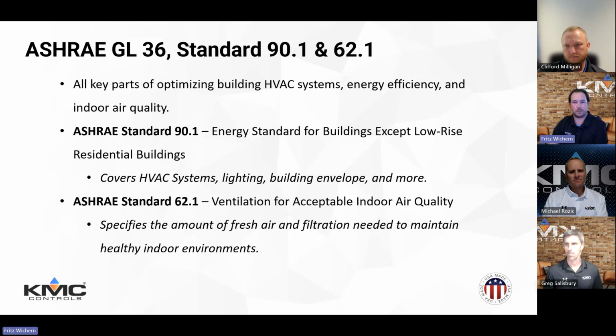Its relationship to Guideline 36 is really focused on the energy efficiency of your HVAC systems. So they work hand in hand and complement each other, or at least Guideline 36 does for 90.1, by providing advanced operational sequences for those HVAC systems to make sure they're operating at the highest energy efficiency level possible.